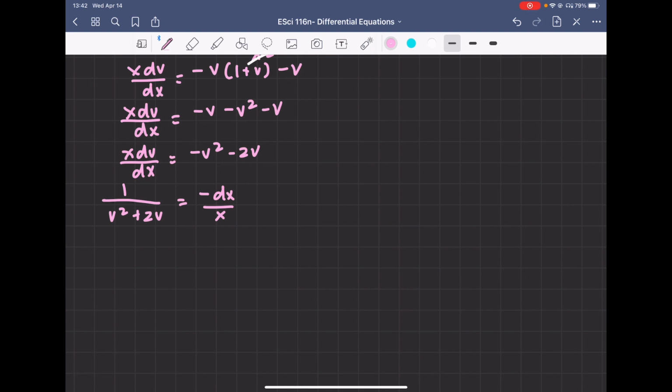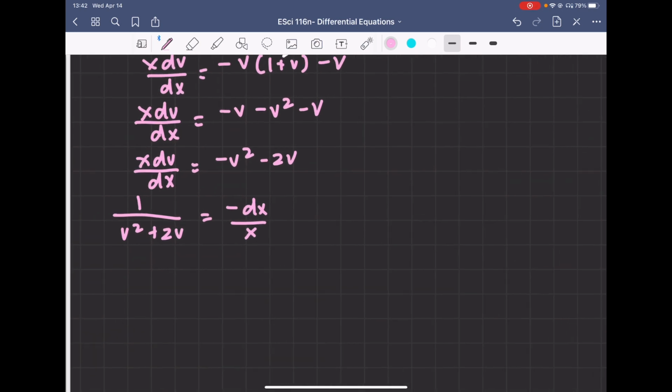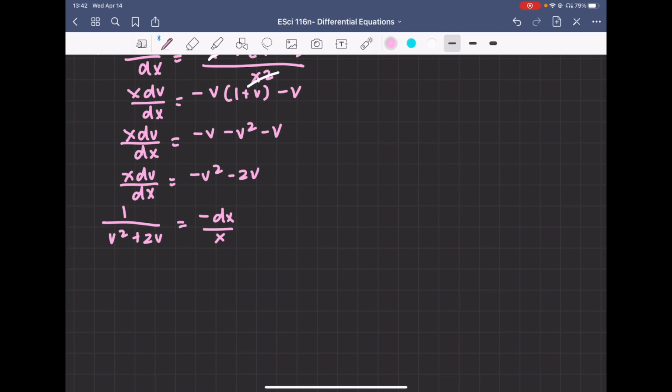So we are going to decompose this fraction so that we can integrate it much more easily. First, we have to factor out our denominator, and we can do that by putting v on the outside. So that's v times the value of v plus 2, equals negative dx over x.